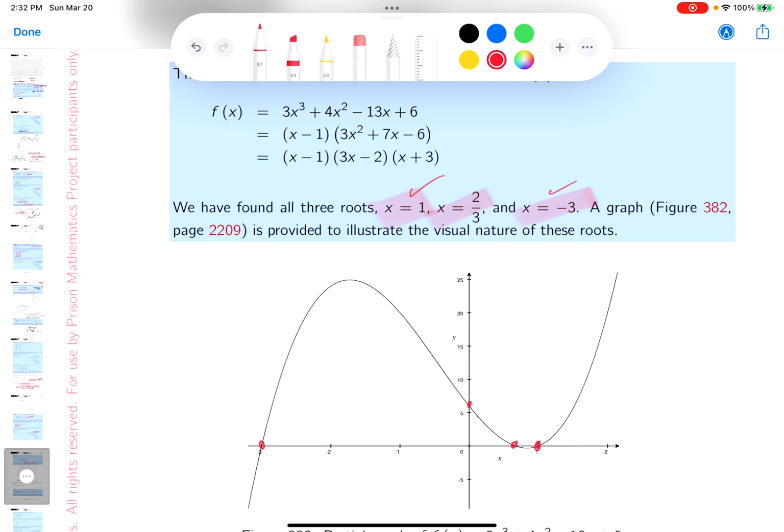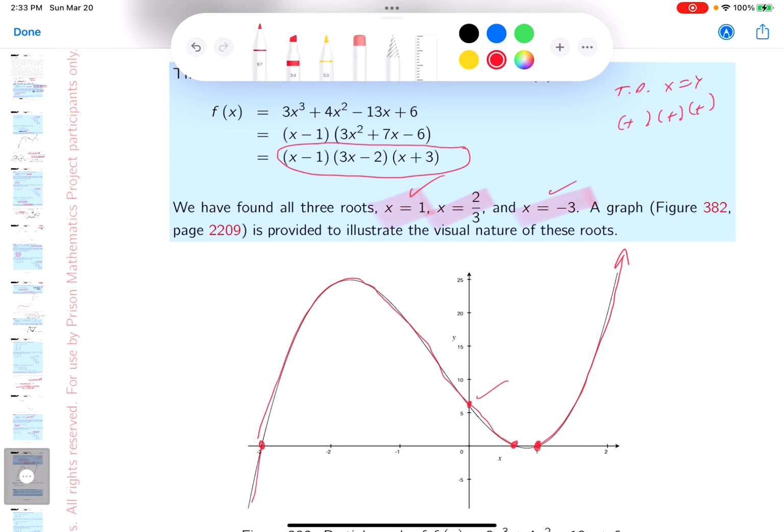If I do my simple sign analysis, like for example, if you took a test point, x equals 4, you get plus, plus, plus, which means it's plus. There's a test point between minus 3 and 2/3, and that's the y-intercept. So I know it's something like this over here.